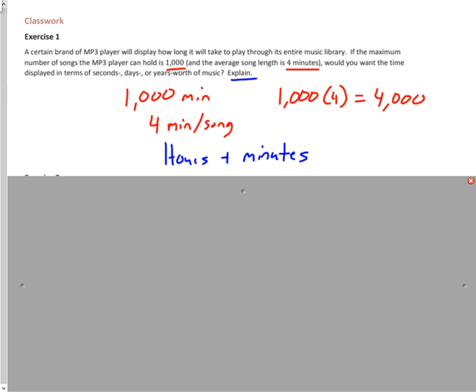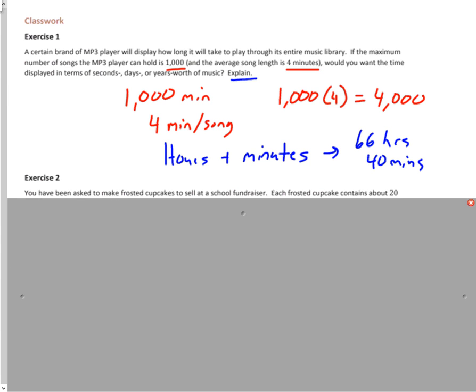There's 60 minutes per hour, so we're going to divide by 60. That's 66 hours and, actually, 40 minutes worth of songs. That's a lot smaller, a lot more reasonable number to work with. We want to make things easier on ourselves. We don't want such large numbers, just like when we were dealing with scientific notation.